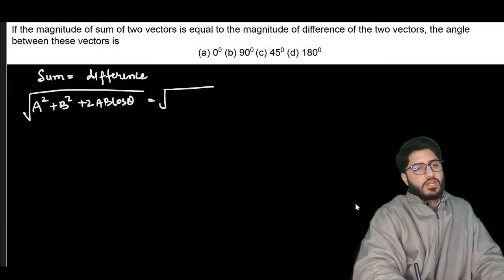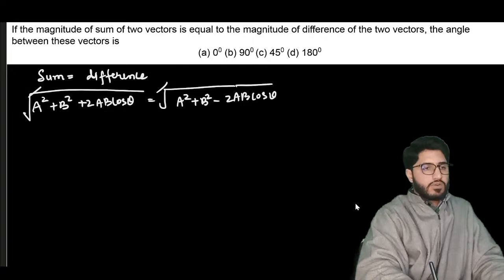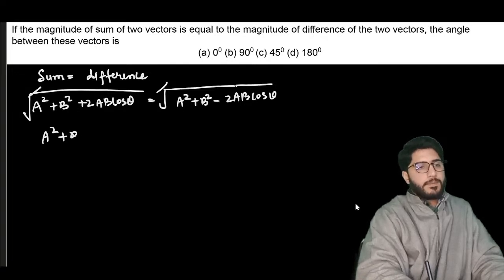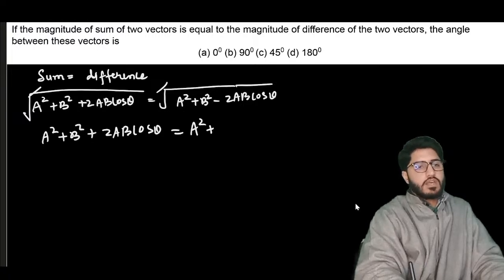What is difference? Under root of a square plus b square minus 2ab cos theta. Root cancel out. I have a square plus b square plus twice ab cos theta equals to a square plus b square minus twice ab cos theta.